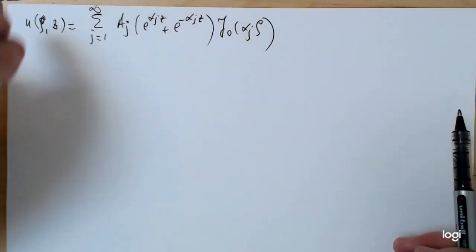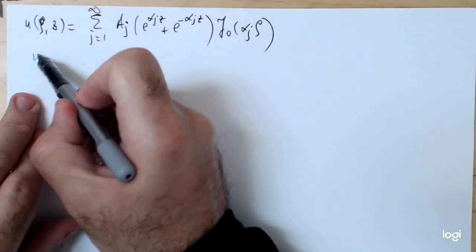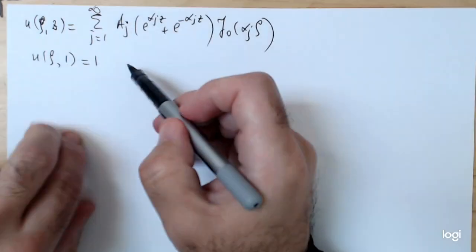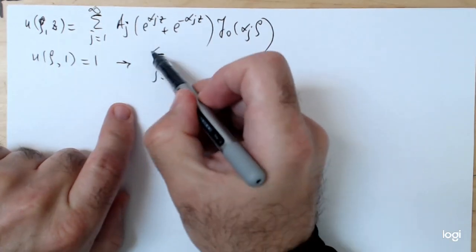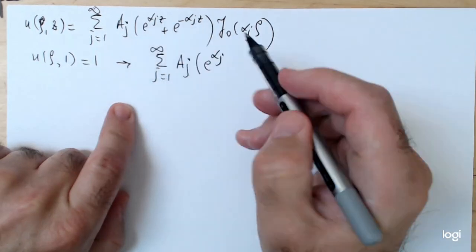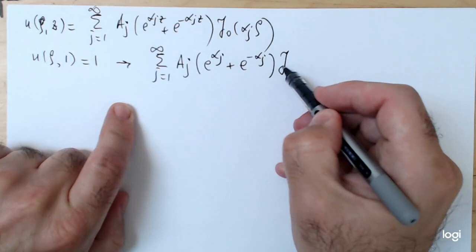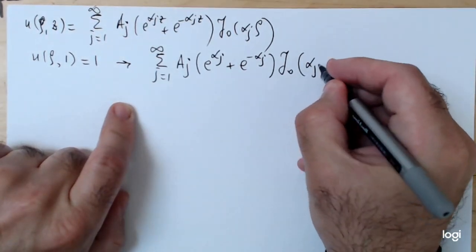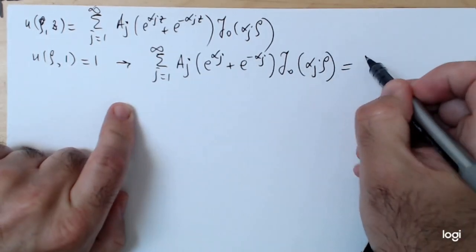So now we're going to plug in 1 for z. So we're going to state what u of rho 1 equals 1 means. So this leads to the summation from 1 to infinity, Aj times e to the alpha j times 1 plus e to the minus alpha j times 1, J naught of alpha j rho. This should be equal to 1.